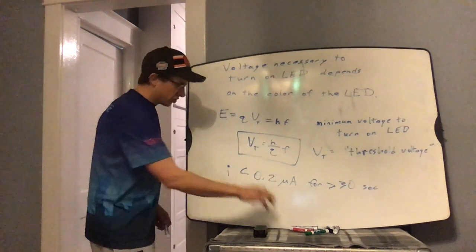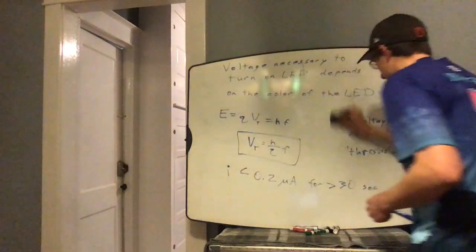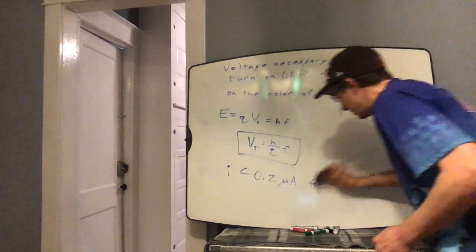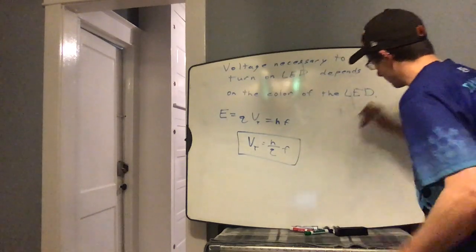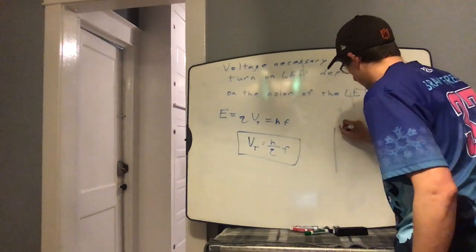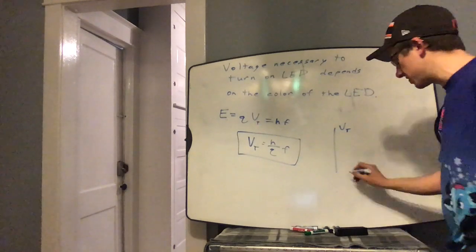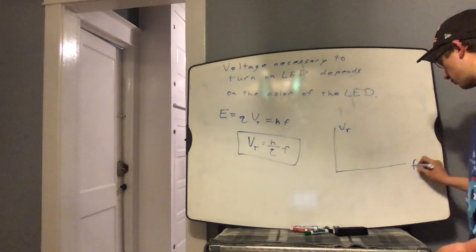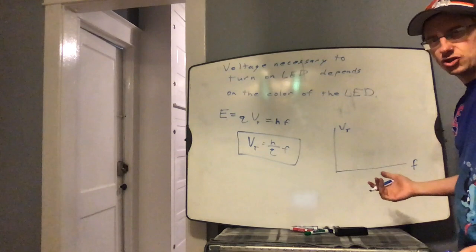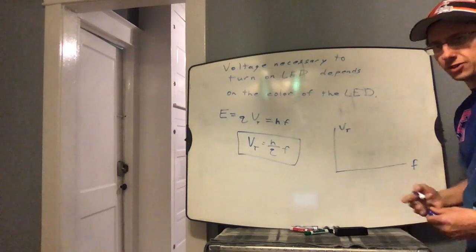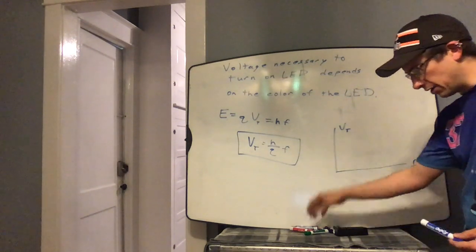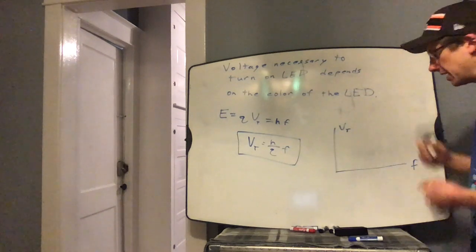And so if I plot threshold voltage as a function of frequency, here is my threshold voltage, the voltage at which the LED barely turns on. Here is the frequency. Frequency is just another way of saying color of light, but a quantitative way to say color.